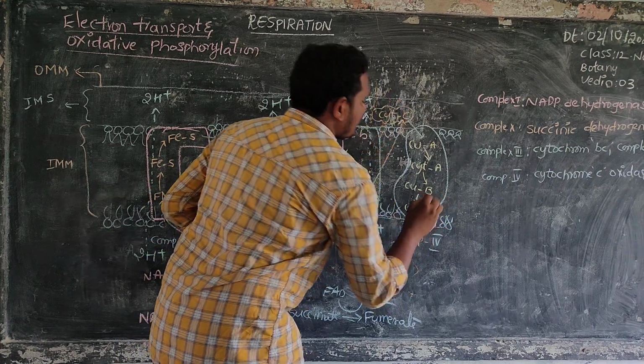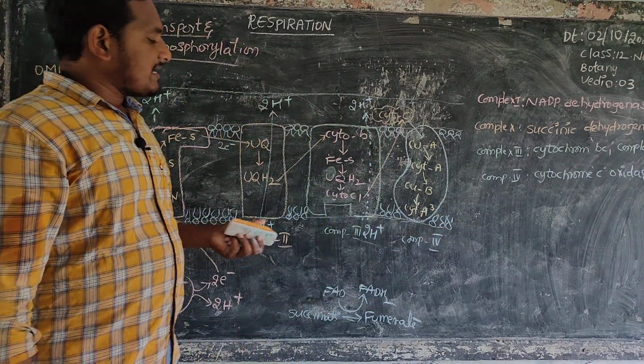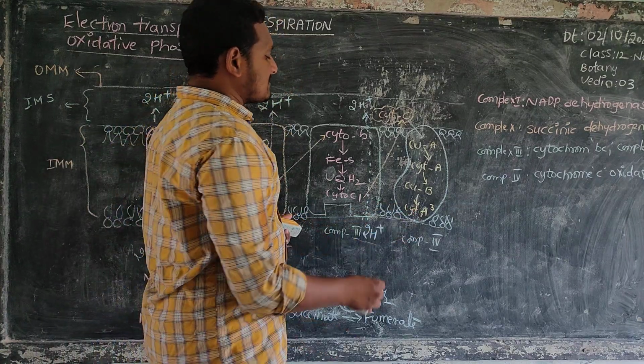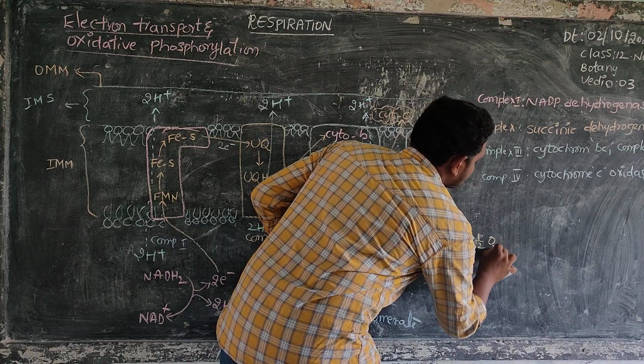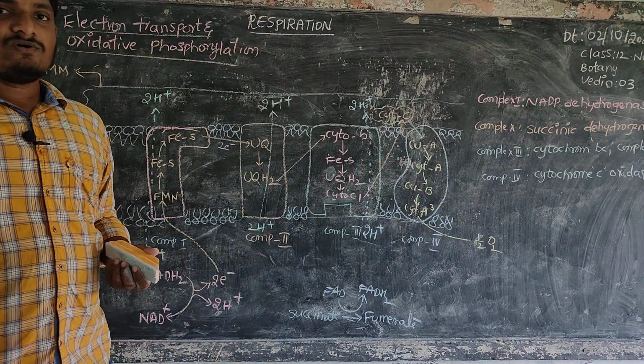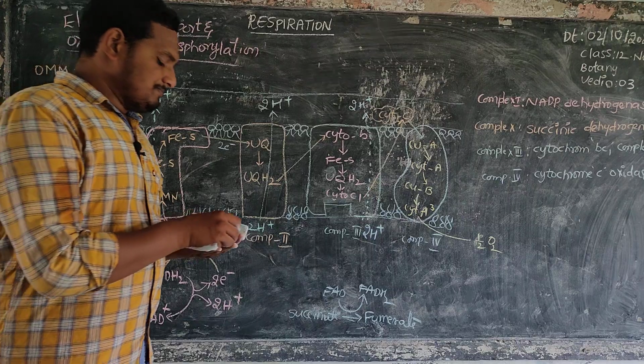Cytochrome A3 sends these electrons to half a molecule of oxygen.